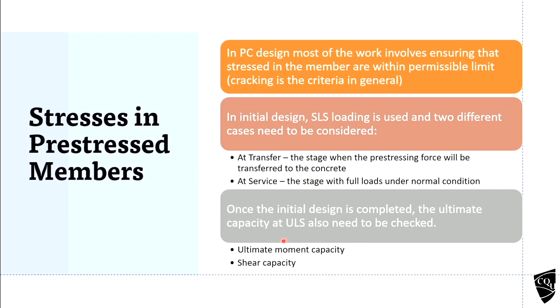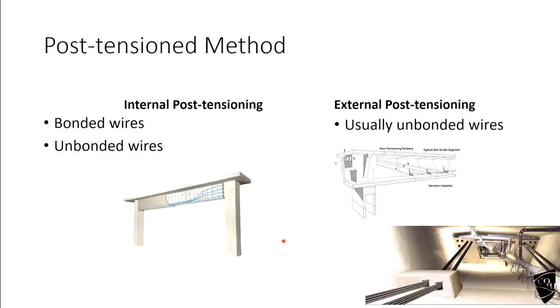For the initial design, as we said, no cracking. We need to make sure there will be no cracks in the beam, but here we have two stages. One is the transfer stage, the other is called the service stage. What is the transfer stage?